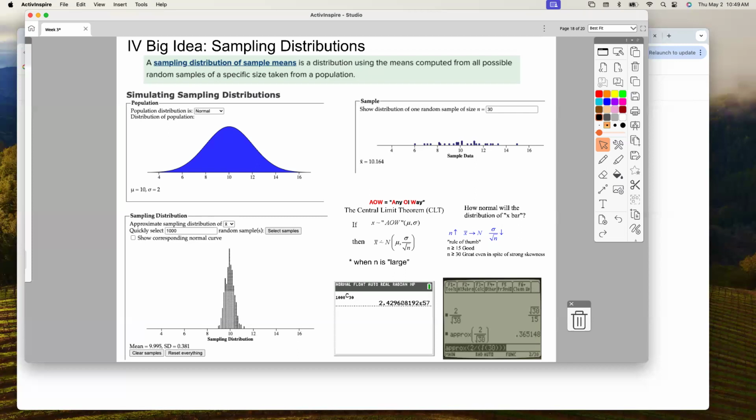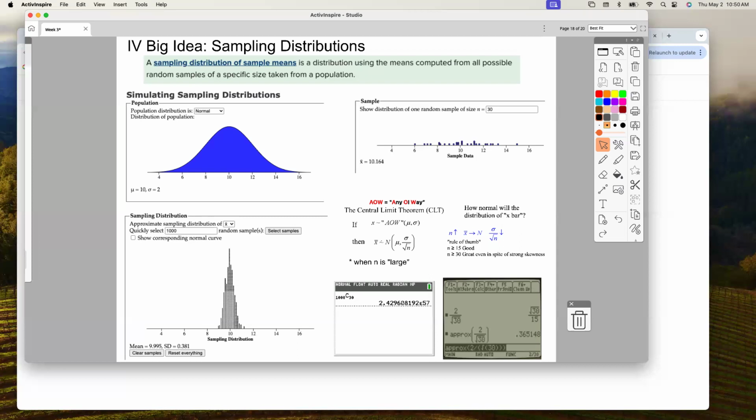Okay, and so we're going to use probability calculations to do that. We're either going to accept that claim or reject it based on a probability. It's all going to revolve around how likely it was that we got the results in our sample, and that's going to be based on this idea of a sampling distribution.